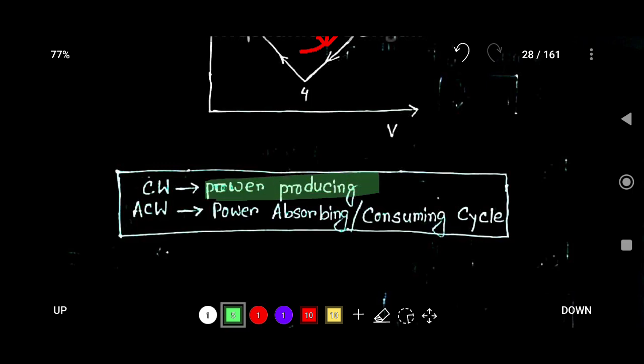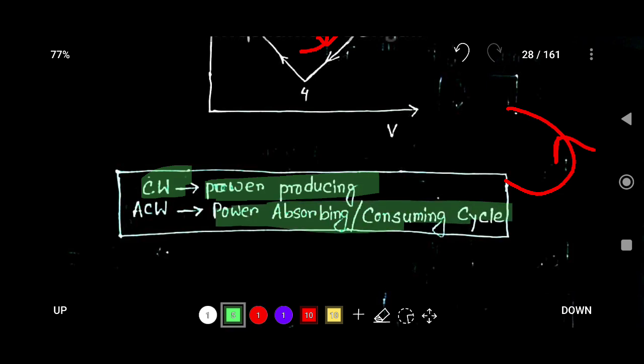The Otto cycle, diesel cycle and dual cycle are all power producing cycles if the cycle is clockwise. If the cycle is anti-clockwise, then it is a power absorbing or consuming cycle, like VCRS or a heat pump.